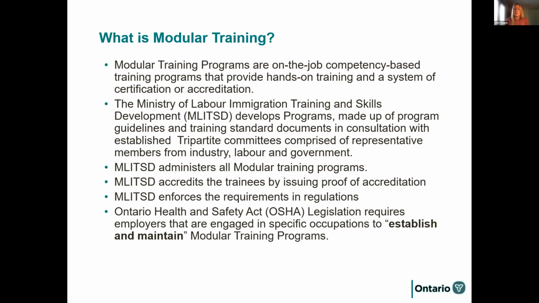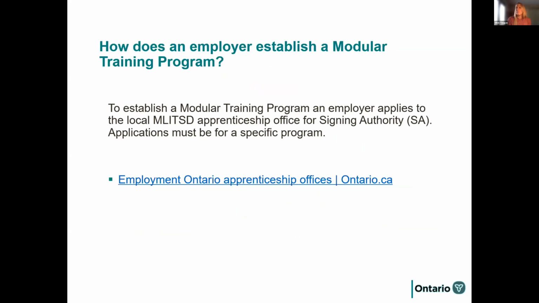So it's part of the legislation that if you work within those specific occupations, you need to maintain these modular training programs. So how does one go about doing that? To establish a modular training program, an employer applies to their local ministry apprenticeship office for what's called signing authority. And you apply within a specific program. So whatever program area of occupation you are in, that is the area that you're going to apply for signing authority.